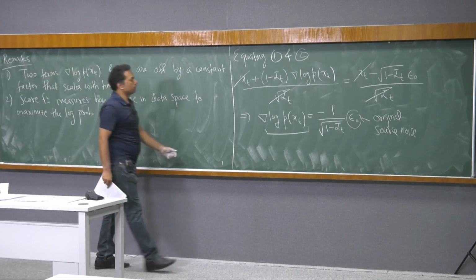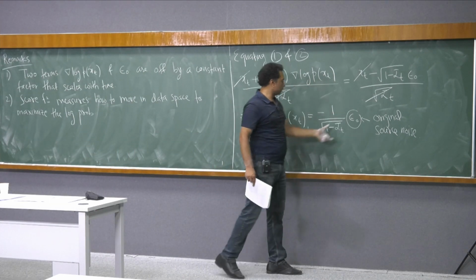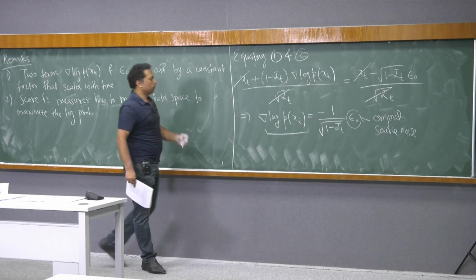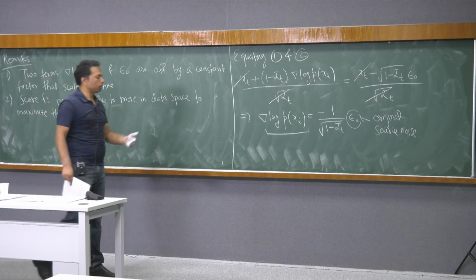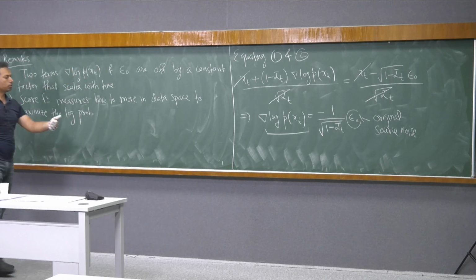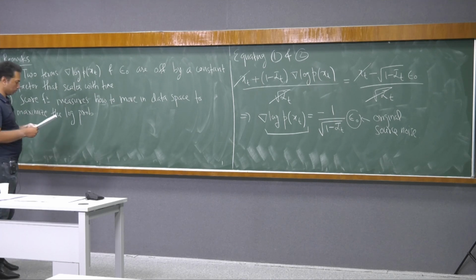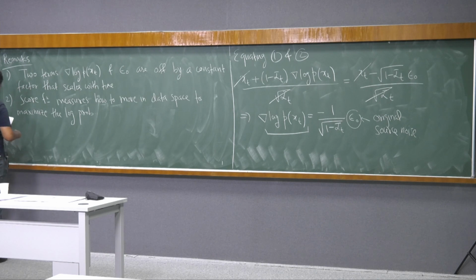If we have added epsilon naught noise, then this can be interpreted as going in the negative of that with some scaling. Obviously, in this case, the scaling is 1 by square root of 1 minus alpha bar t. So this can be interpreted as the noise that I added. If I'm going to denoise, then intuitively it's going to be subtraction of the noise with some scaling, and that's what we are trying to do here. So we can put this as a remark as well.